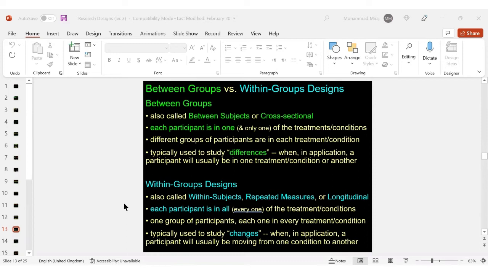Then other variables will also act. Those people who are regular with their exercises, at least 30 minutes a day, may have better clinical outcomes as compared to those who are not disciplined and not regular in doing exercises.